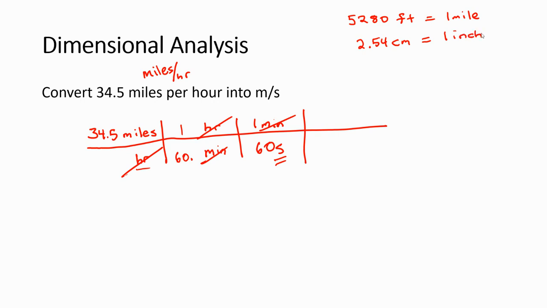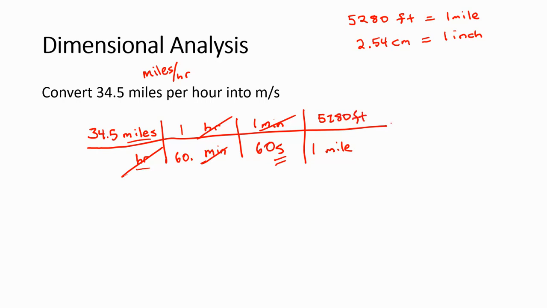And if you had those two pieces of information, I think you could get there. Let's see how it would look. First thing I'm going to do is change from miles to feet. Notice how miles is up here on the top of the line. So I'm going to put it on to the bottom of the line of the next available space. I'm going to say 1 mile is 5,280 feet.